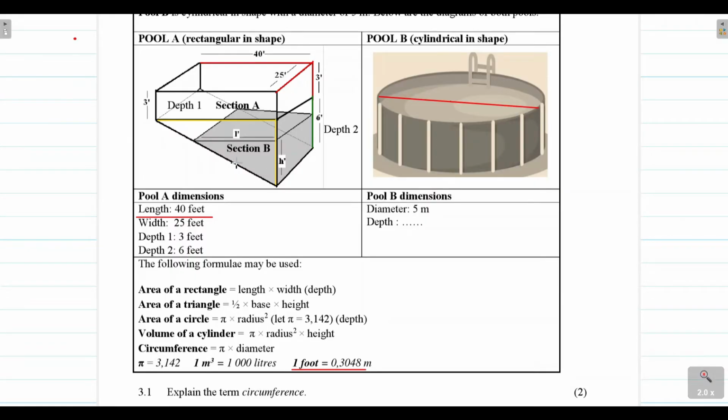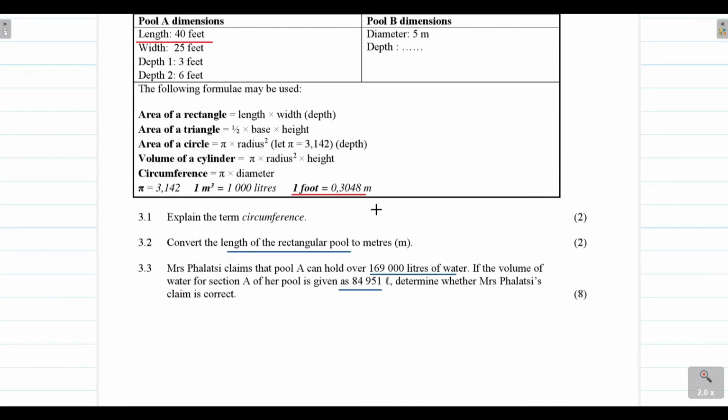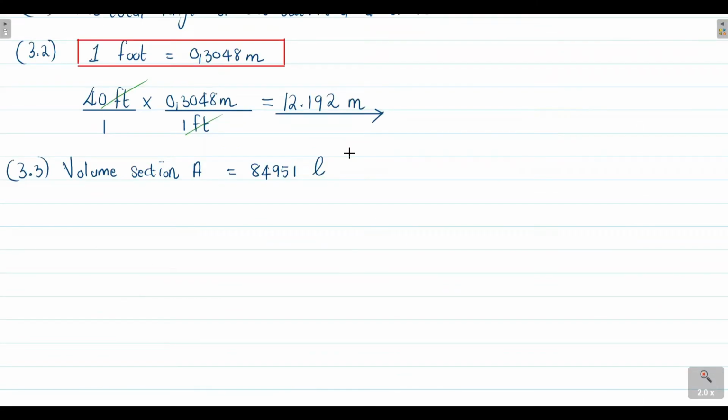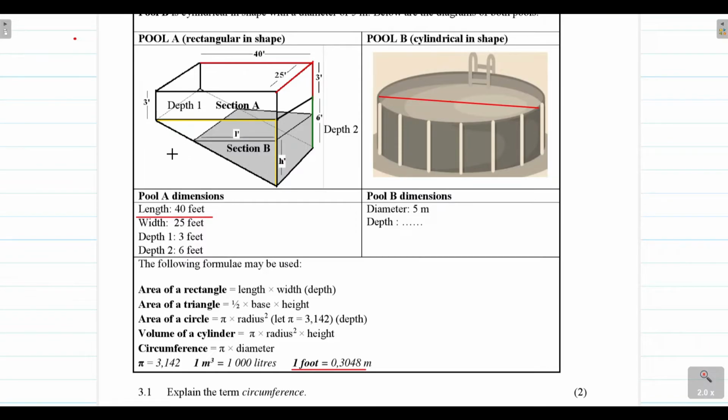What we basically need to do is determine the volume for section B, and when we add the volume of section B to the volume of section A, we should get the total volume of the pool as a value that is over 169,000 liters.